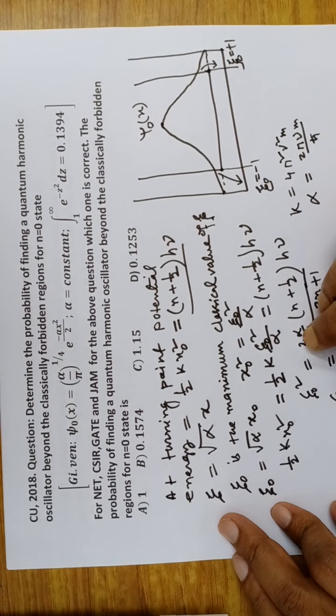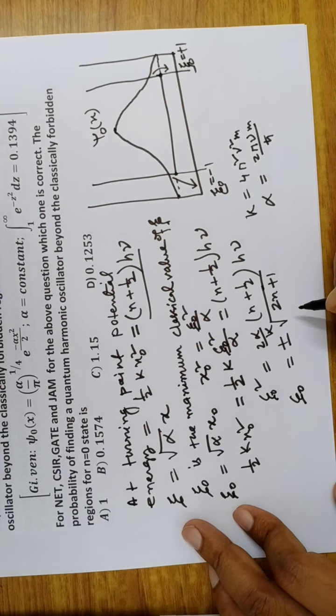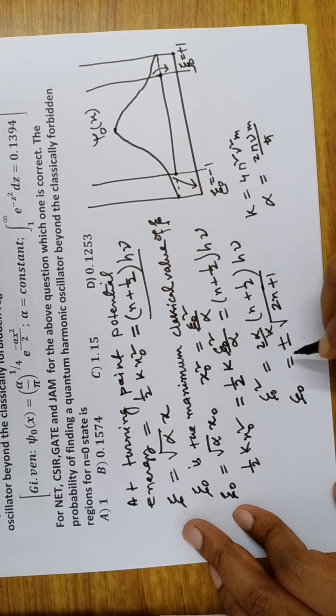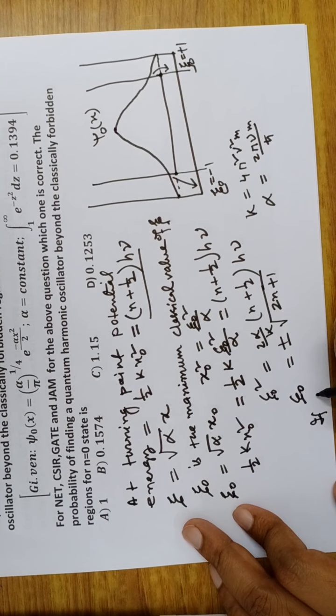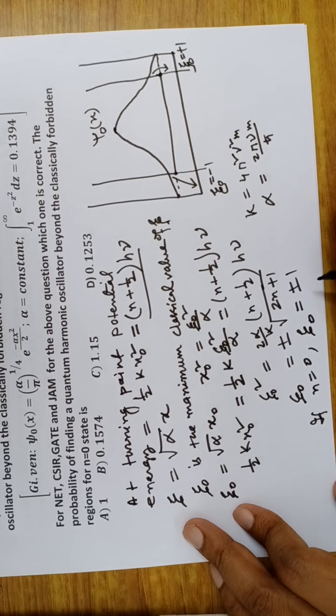Putting this value here, we will get xi 0 equal to plus minus root over 2n plus 1. Now if n equal to 0, then xi 0 equal to just plus minus 1.